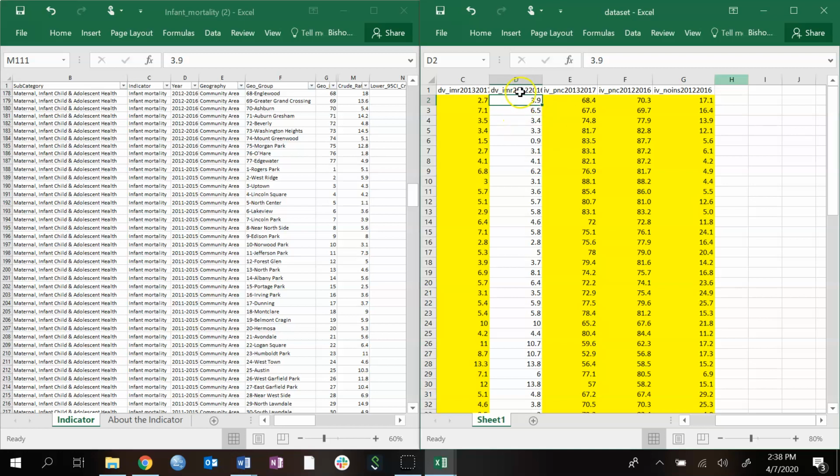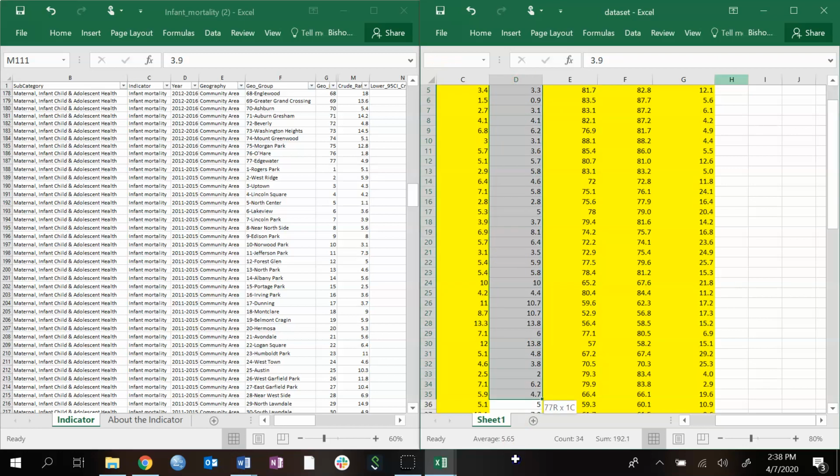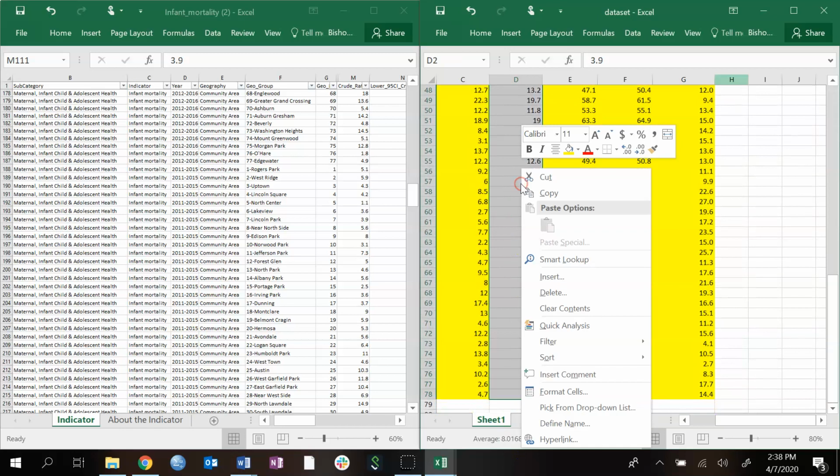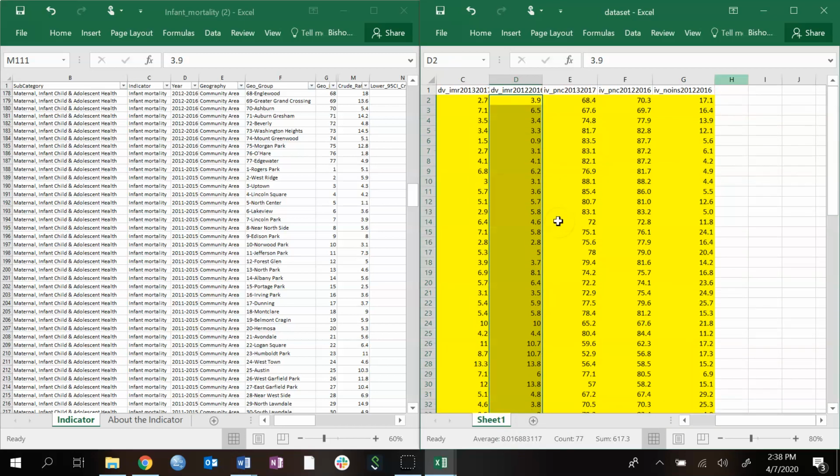So I'm kind of pulling in extra variables here because I haven't fully decided which variables I'm going to be using. I've got infant mortality data for 2012 to 2016, and I have it for 2013 to 2017. So far I've got prenatal care for both of those time periods, but I only have health insurance for 2012 to 2016.